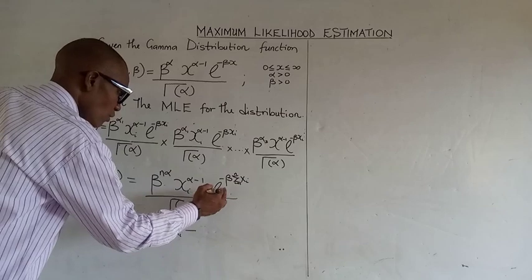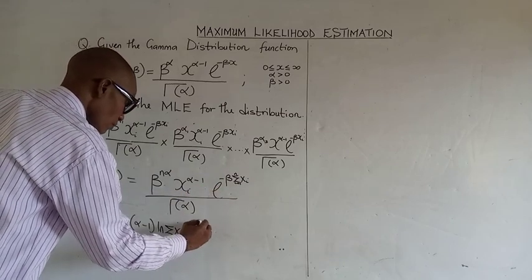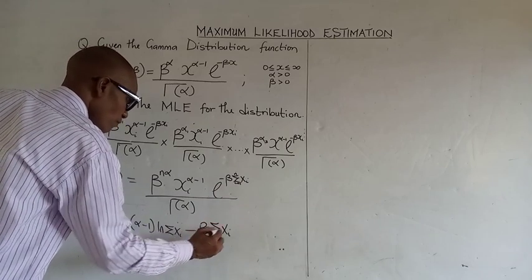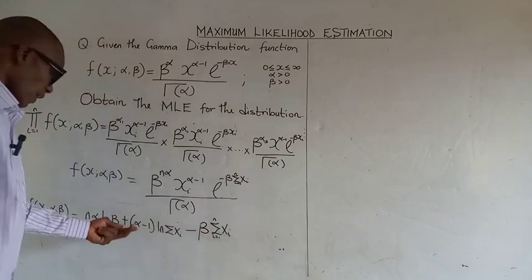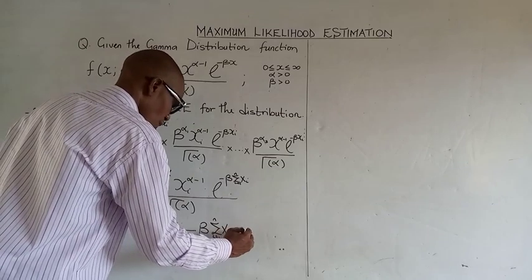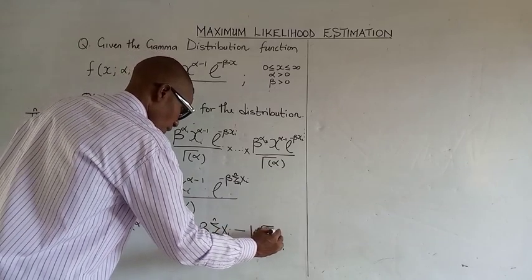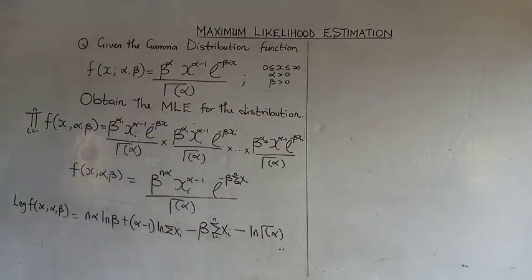If you take the log of an exponential function, you get the same thing inside, while the exponential goes off. And lastly, we bring this as minus n log gamma. So we've succeeded in taking the log.